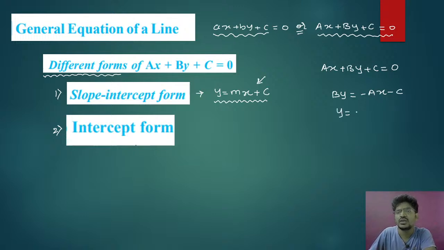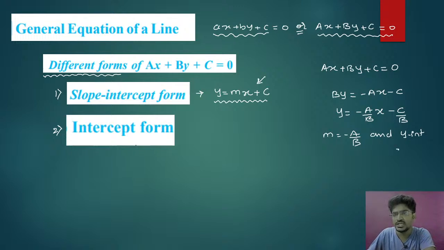So y will be equal to minus a by b into x minus c by b. So from this you can see that slope is equal to minus a by b, and intercept, that is y intercept is equal to minus c by b.